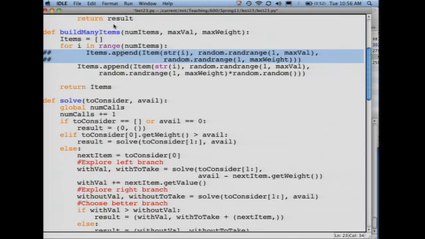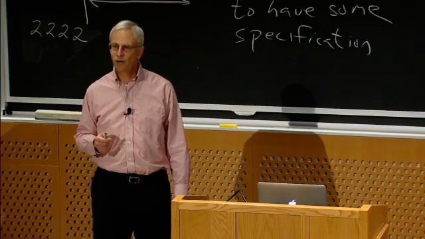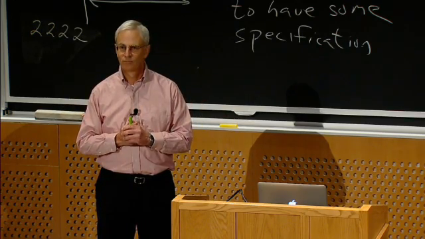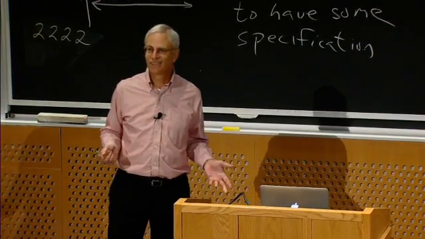After I choose my value between 1 and 10, I'm going to multiply it by some random number between 0 and 1. So now, how many possible different weights am I going to have? A huge number, right?